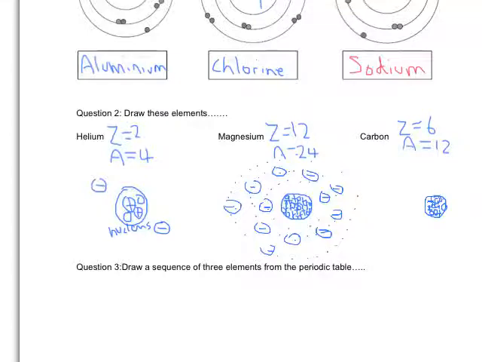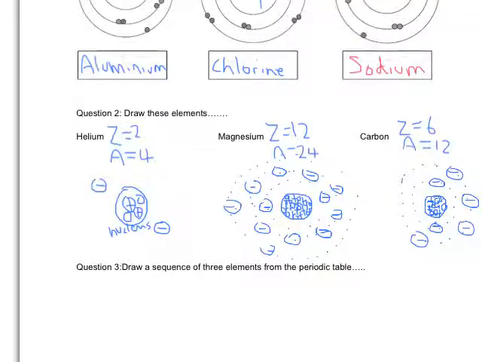Again, draw it better than I do, and there'll be 6 electrons, 2 in the first shell. If you're doing it with shells, you don't have to do it with shells as long as you get the number right. That's more a grade 10 thing, and then 4 in the next shell, giving me 6. Sorry, only 4 in the next shell, because the 2 and the 4 make 6, so that's all done now.